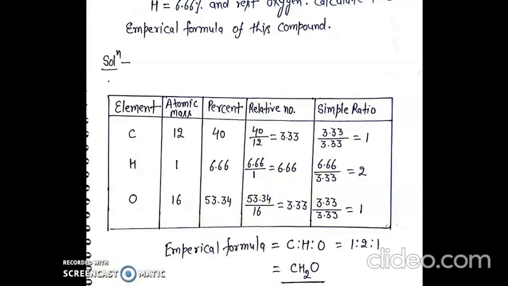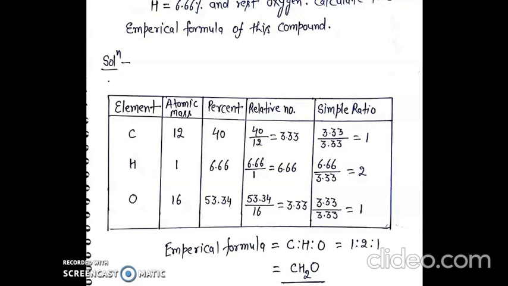And the third element is oxygen. The atomic mass of oxygen is 16, and the percentage of oxygen given in the question is 53.34.